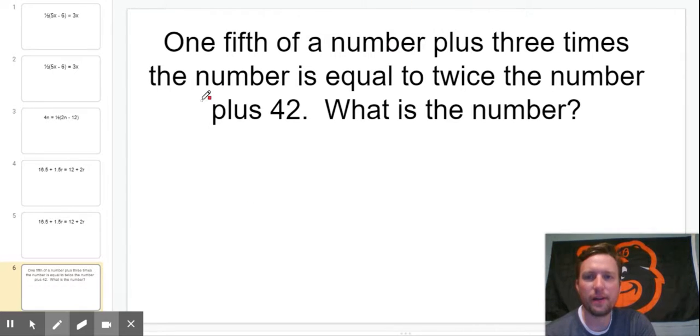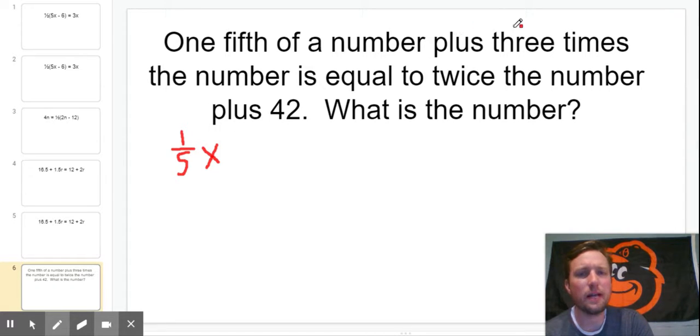So 1/5 of a number. The first thing I'm going to do is write my equation. 1/5 of a number. What that means is we're taking 1/5 of a number. We don't know what that number is, so let's use a variable. So 1/5 times x. 1/5 of a number, or 1/5 times x. And then the next thing is plus 3 times the number.